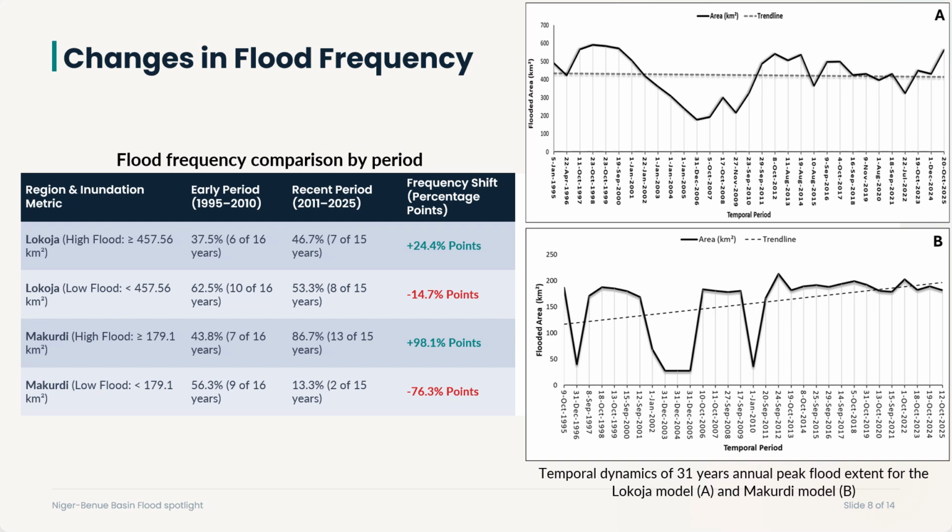Temporally, for the Lokoja model, the years with peak annual flooded area greater than 457.56 square kilometers weighted average are considered high flood years, while those years less than 457.56 square kilometers are considered low flood years.